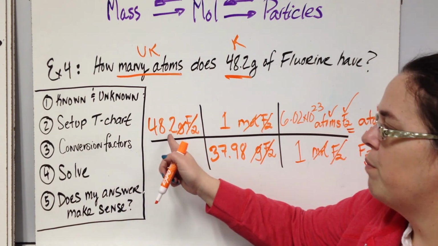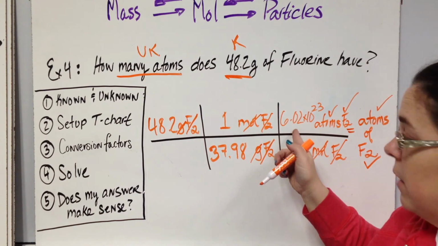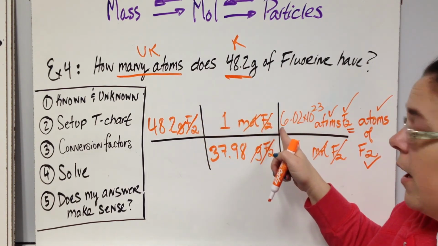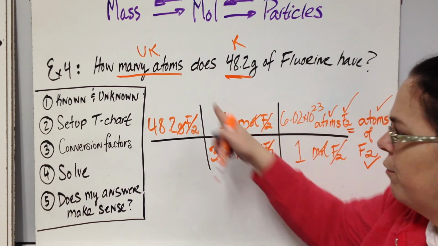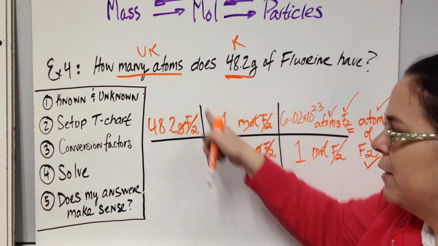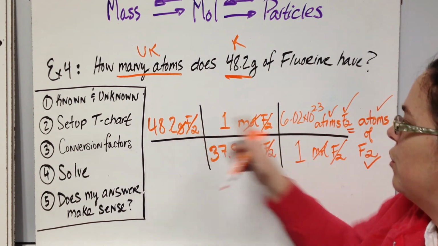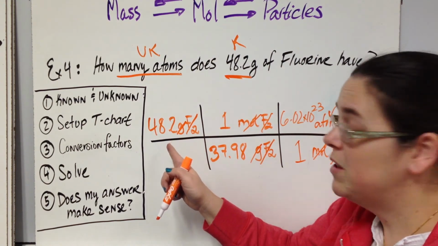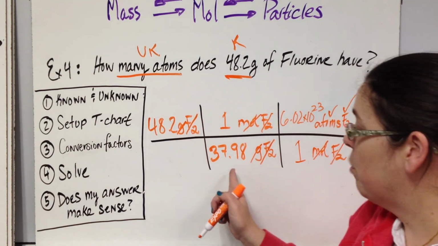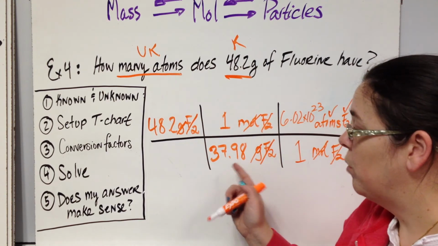So I take 48.2, plug it into my calculator, and multiply, because remember that these vertical lines mean multiply. So 48.2 times 6.022. Then I'm going to divide that whole entire number by 37.98, because that's the molar mass.